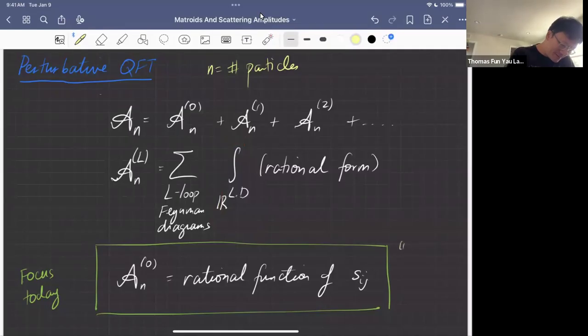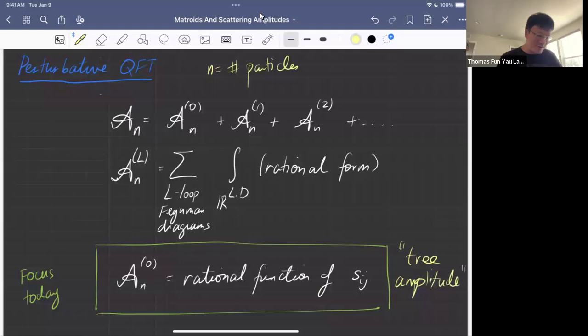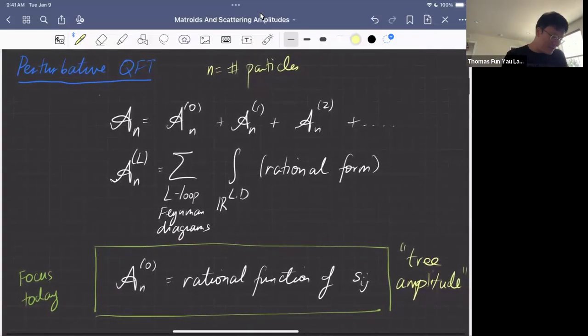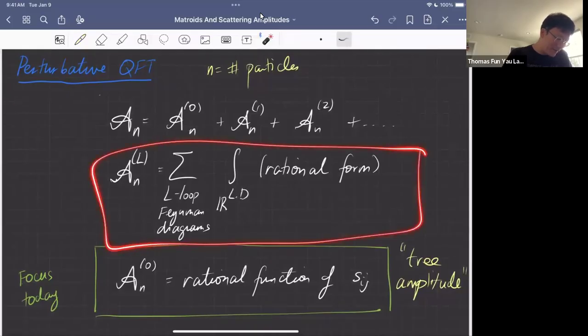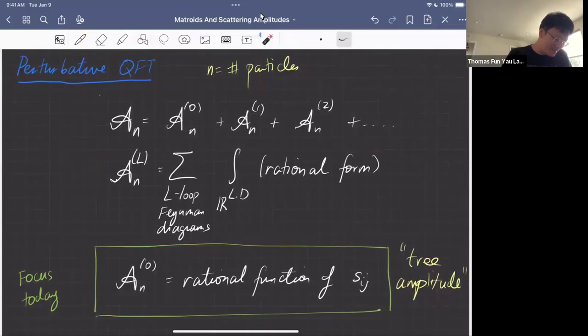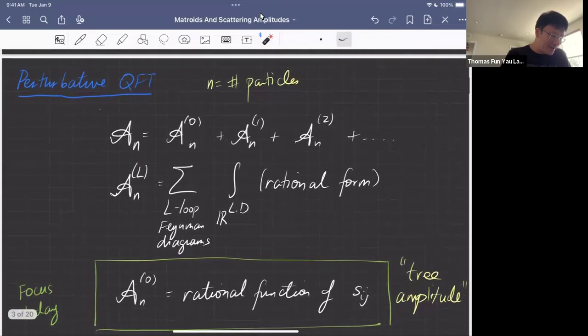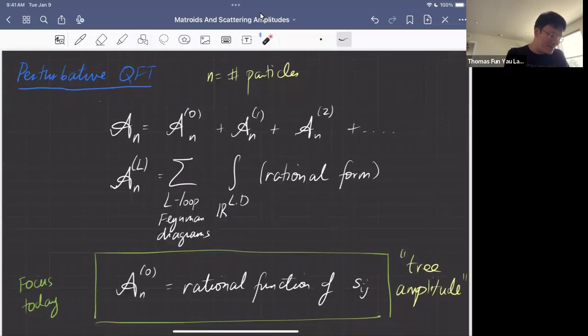This is the jargon in physics. The tree amplitude is the first term, which is obtained by summing over just Feynman diagrams that are trees. This kind of thing is what got Feynman famous in the 50s and 60s. The other thing I should say is that even though this is not mathematically proven, there are other ways to define this, but in practice this is the way that we use to compare with experiment, and it's been super effective since the 60s.